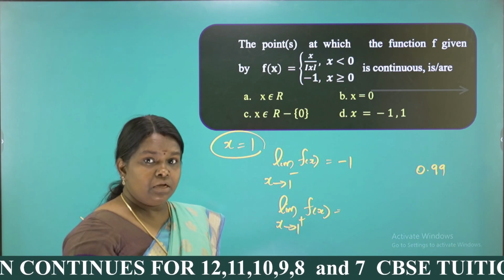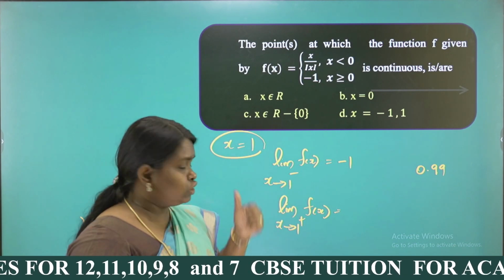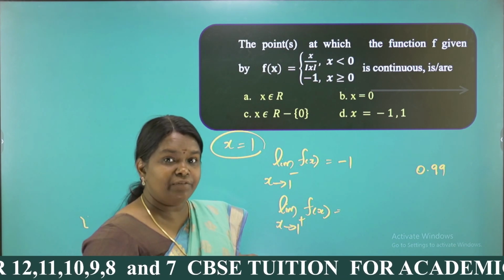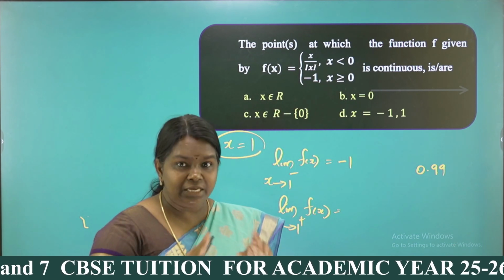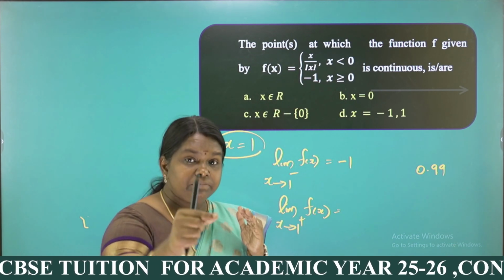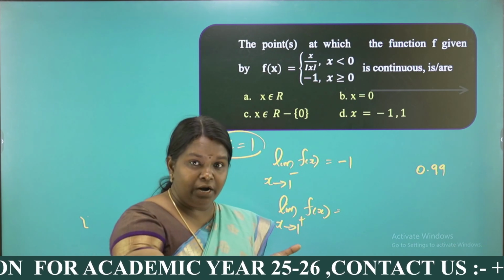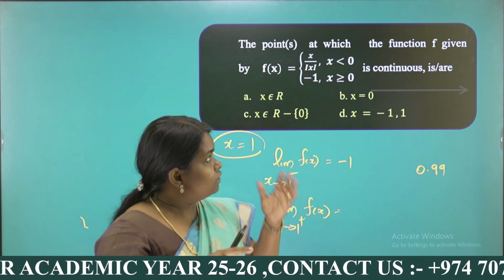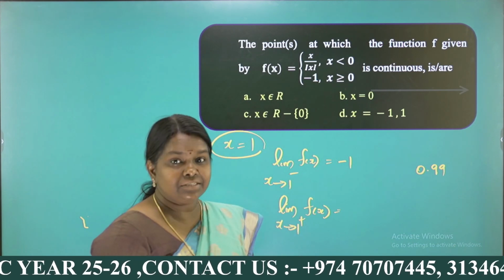Like 1 plus. The problem is students will make errors with LHL, because whenever they see minus they will take the first interval. Please don't, because 1 minus means it's very close to 1, but it is to the left of 1. Left of 1, very close to 1, means still it is greater than 0.